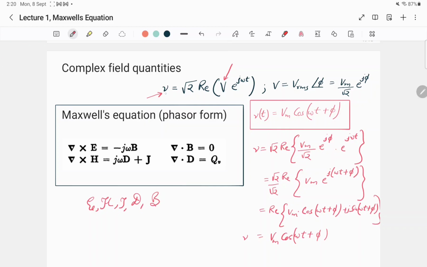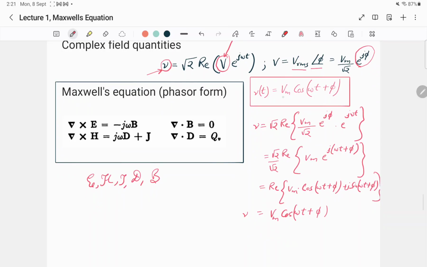So this scripted v is instantaneous voltage and this capital V is complex voltage, which is also written as V RMS angle phi. We all know that RMS value is written as Vmax over root 2, and this phi term can be written as exponential j phi.